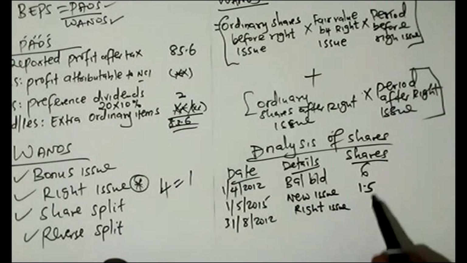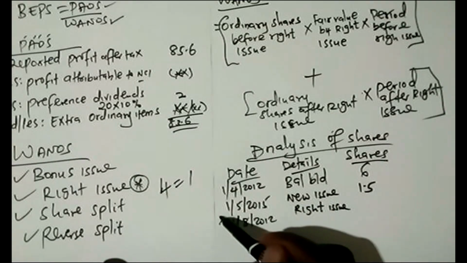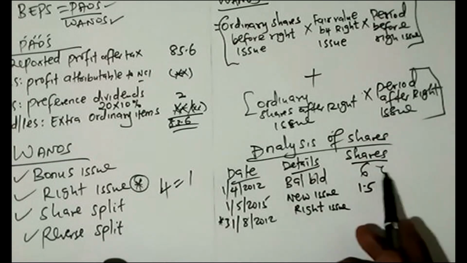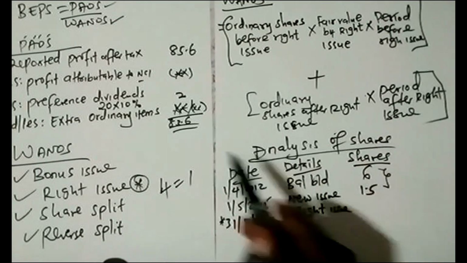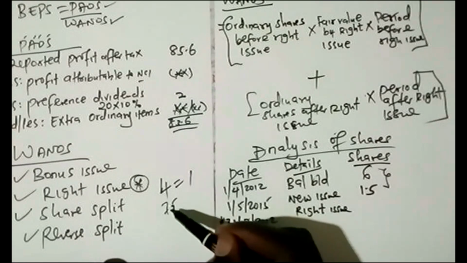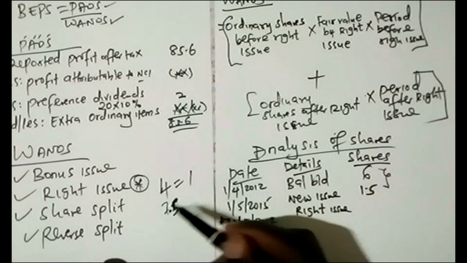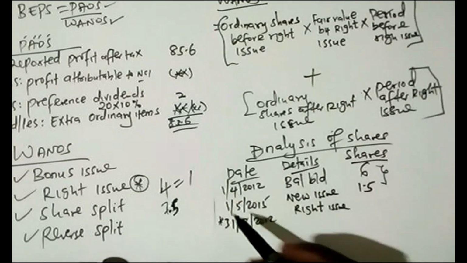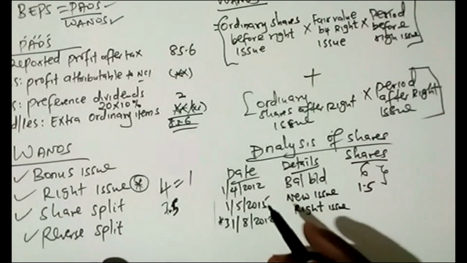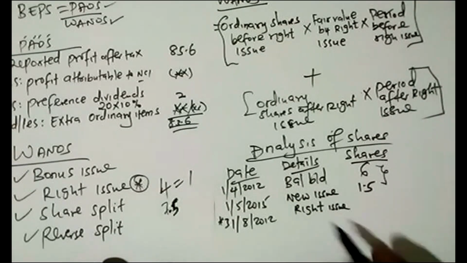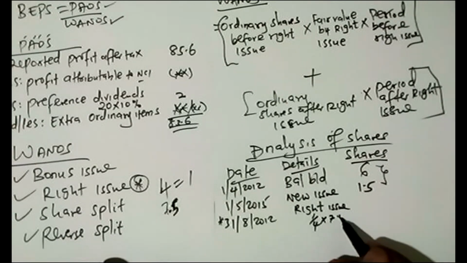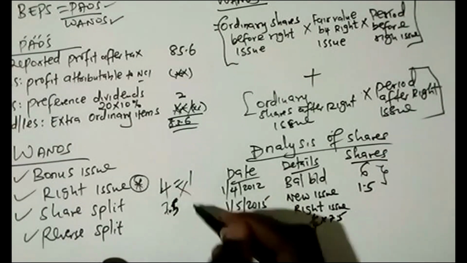How many shares were held by this time? By August, these are the shares which were held, the 7.5. So the one from the start and the new issue which was made on 1st May. So that is what I'm getting, 7.5. It's the same as saying 1/4 times 7.5.